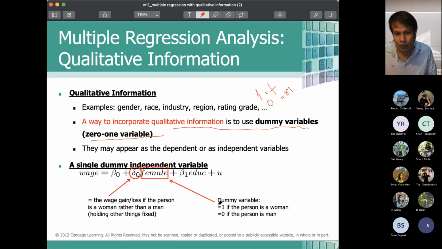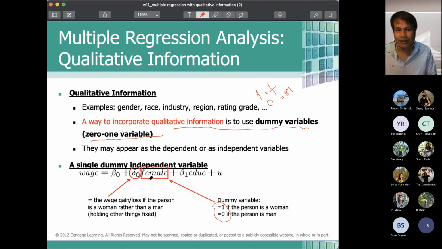So by looking at this value, you compare women to men. Because in a dummy variable, 0 is called the base category or reference category. Following me? So here we have a female variable, and this coefficient is the wage gain or loss if the person is a woman.